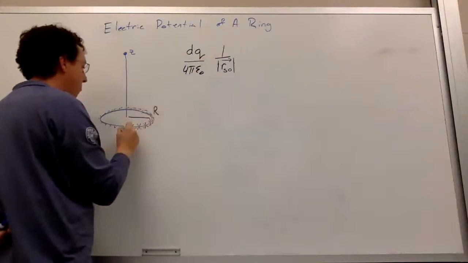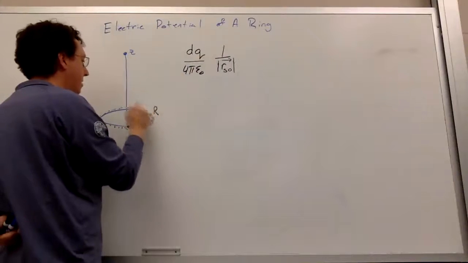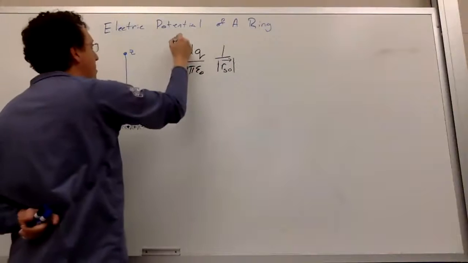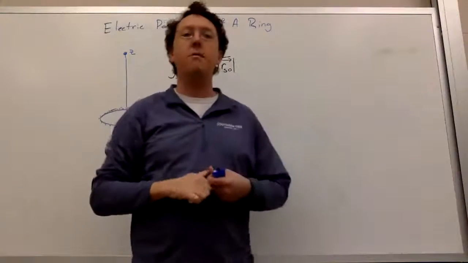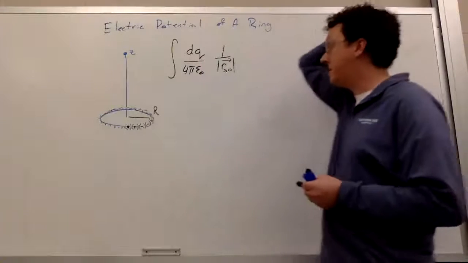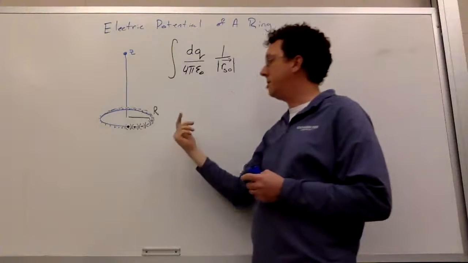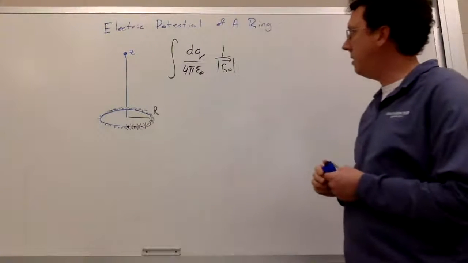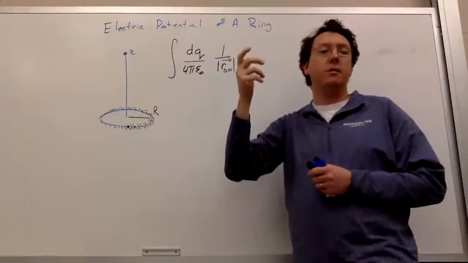Okay, so that was for one little bit of charge, and then we have to do the same thing for many different bits of charge, so we have to integrate it. So we arrive at a very reasonable formula. This is typically what you get for distributed charges. And we made one other little assumption.